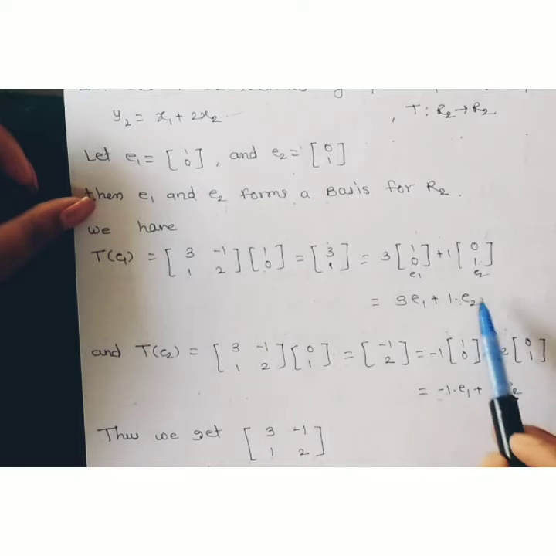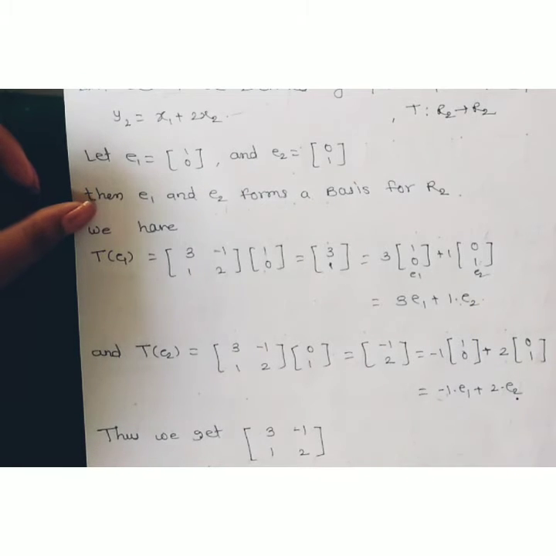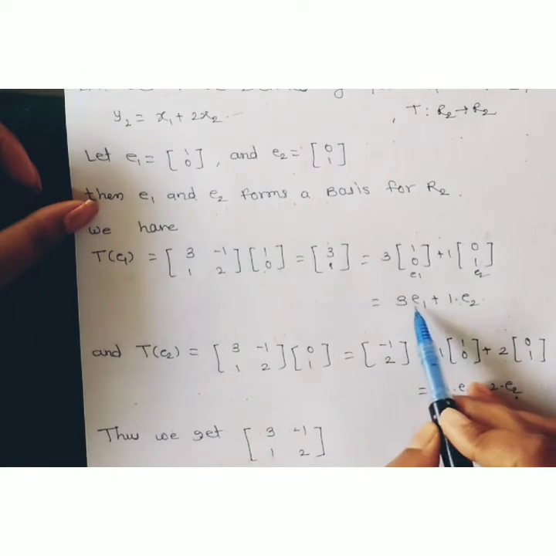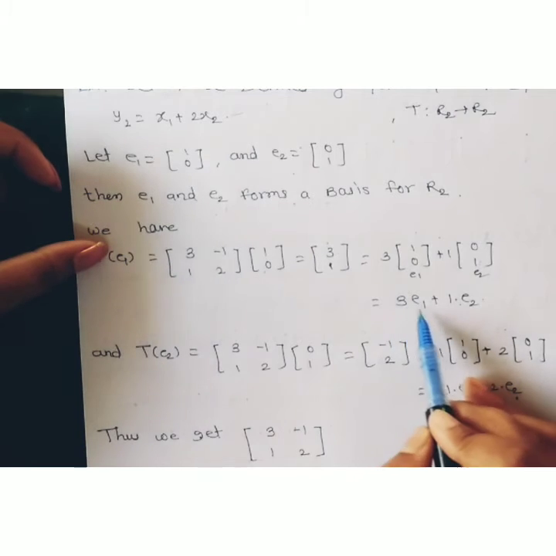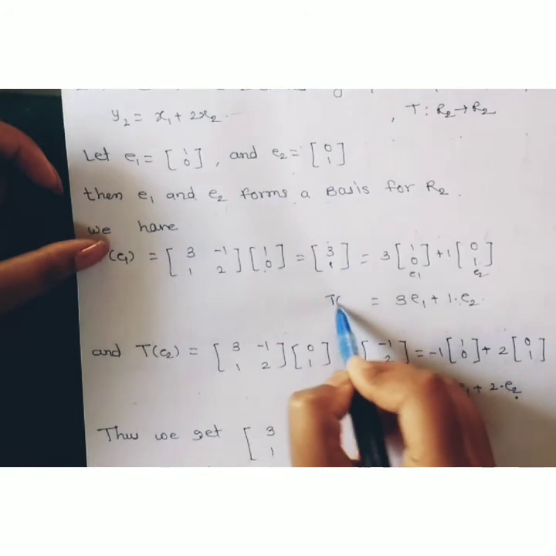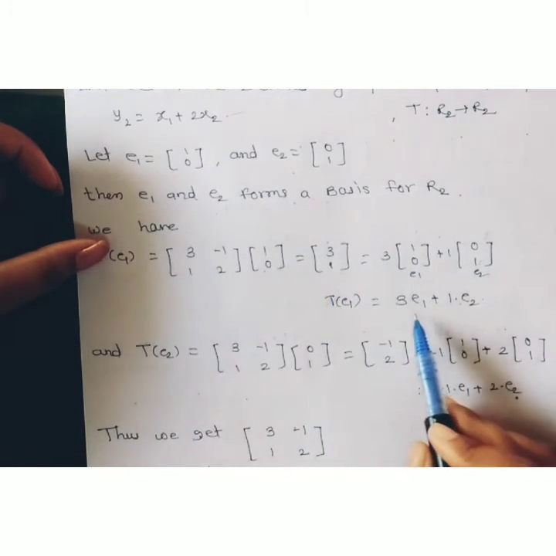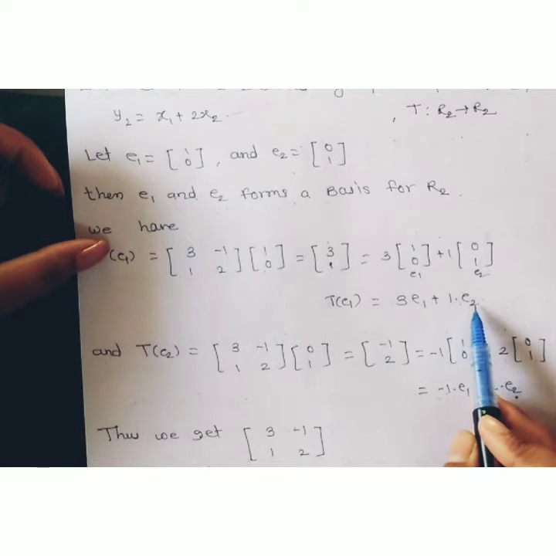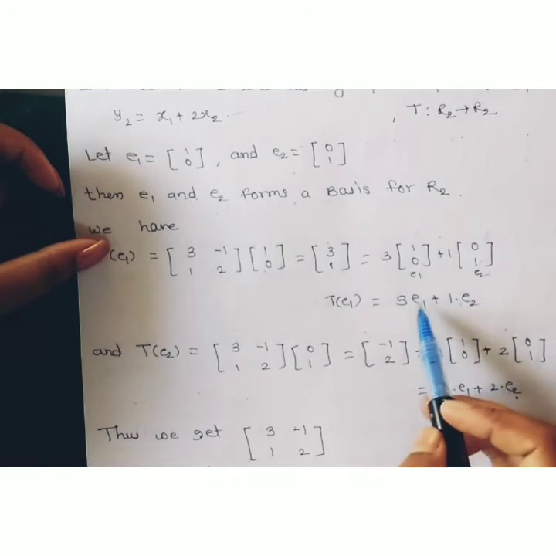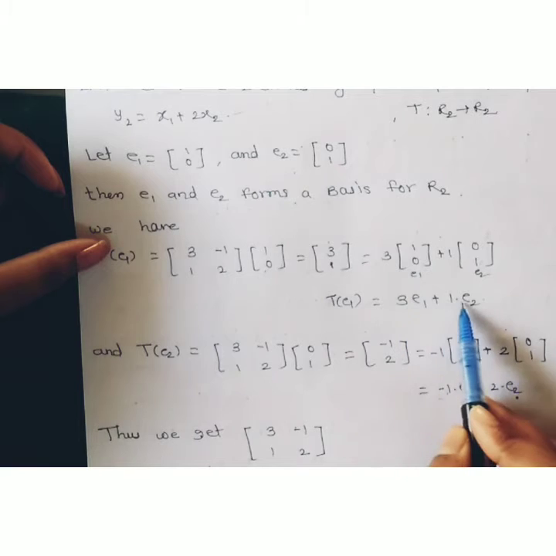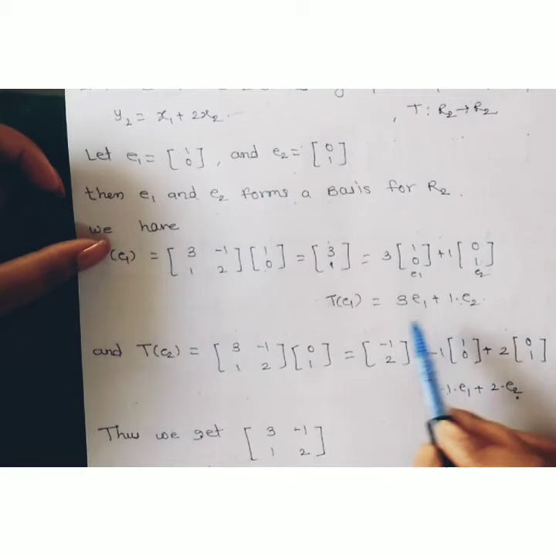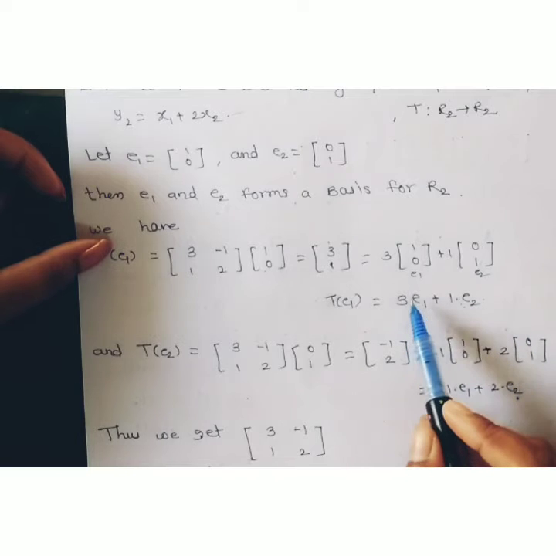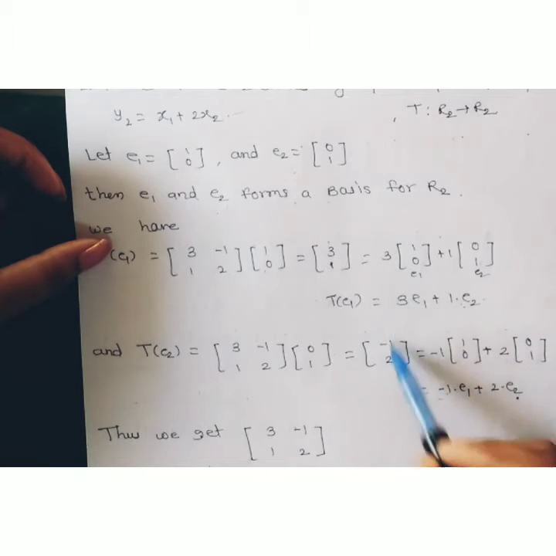Now, by using these two equations, how is the matrix calculated? Look here: T of e1 is equal to 3e1 plus 1 into e2. We consider the coefficients of the basis vectors e1 and e2 and put them as the first column.